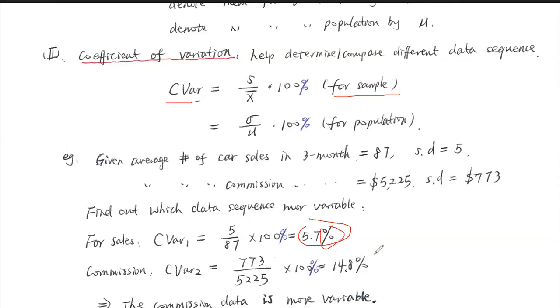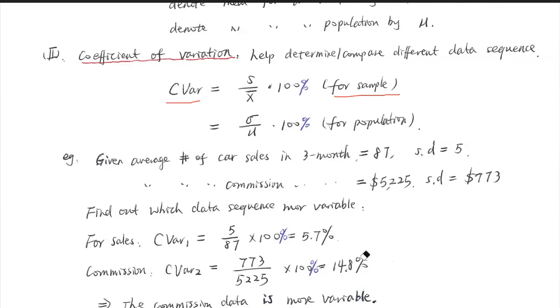Similarly, for the corresponding commission data sequence, right, we can calculate the CV, the coefficient of variation: 773 divided by 5,225, we got 14.8. Everybody, which number is bigger? Which data sequence has more change?